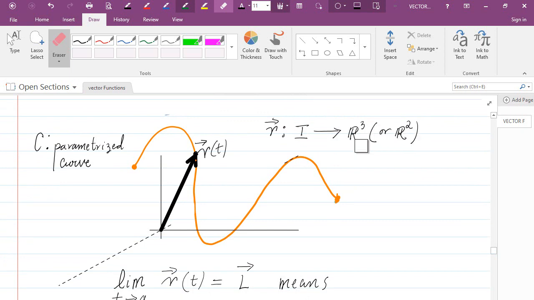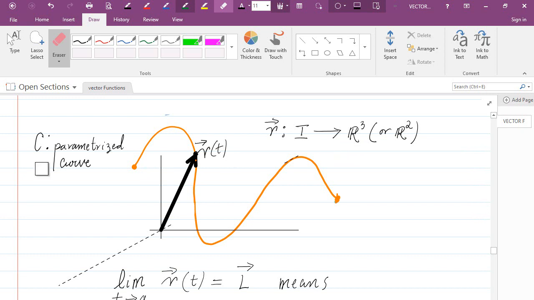And in fact, we can even talk about vector functions in n-space for any n. So when you have a vector function, the input is a real number and the output is a point in the space, or a position vector in the space.